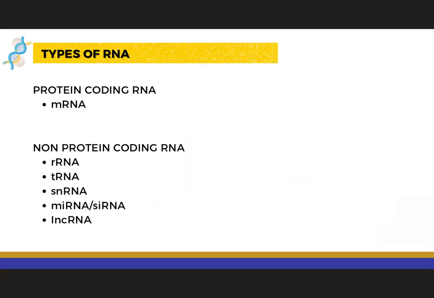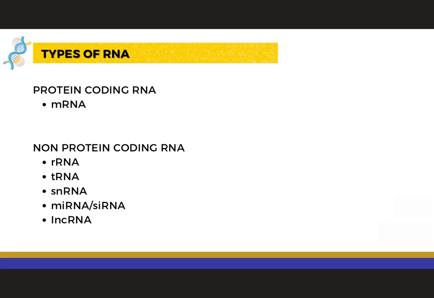Now let us discuss the different types of your RNA. We have your protein coding RNA and non-protein coding RNA. First, let's talk about your mRNA or your messenger RNA. The function of your mRNA is that it copies genetic information from DNA and serves as the template for your protein synthesis.